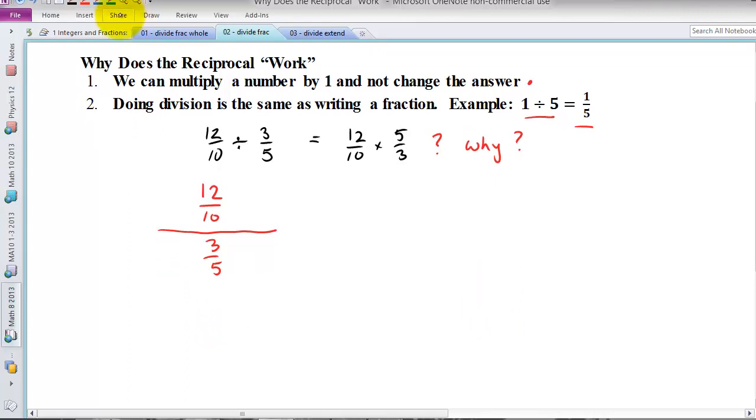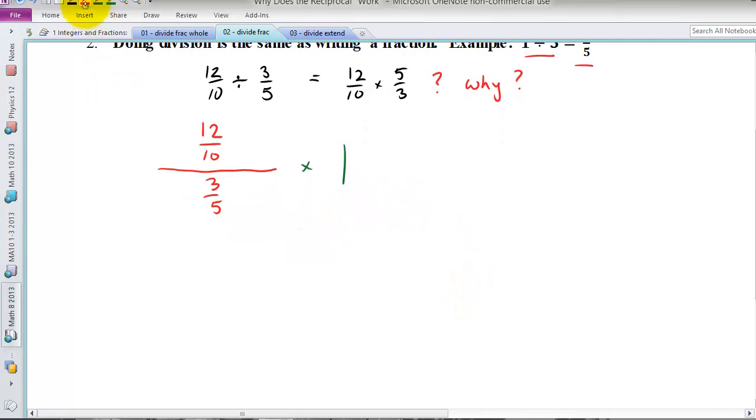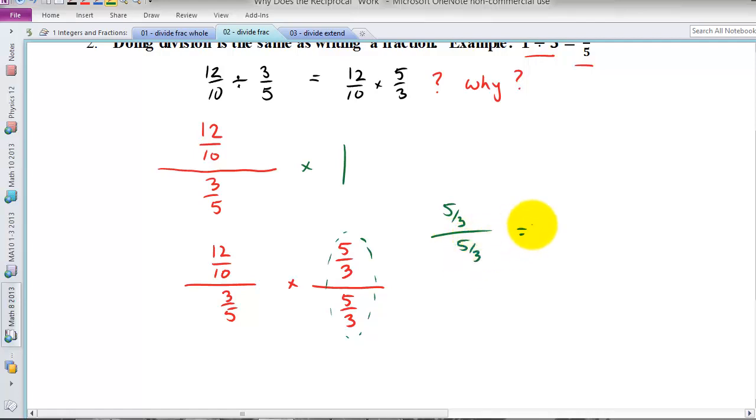Now I'm going to multiply this fraction by 1. Instead of saying 1, I'm going to say this is the same as 5 over 3 over 5 over 3. Clearly, 5/3 divided by 5/3 is 1.